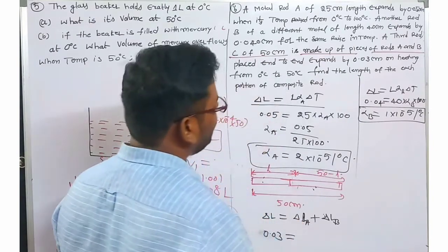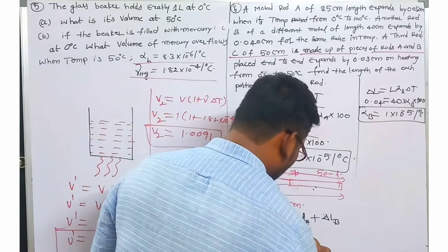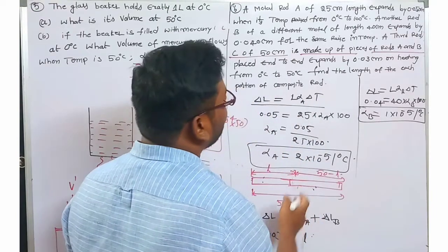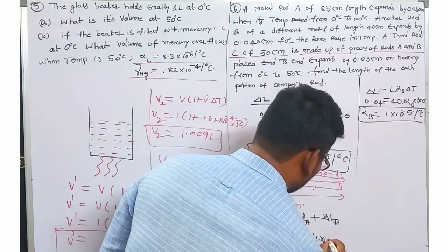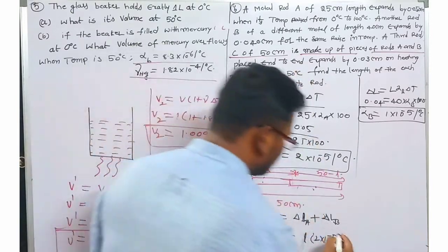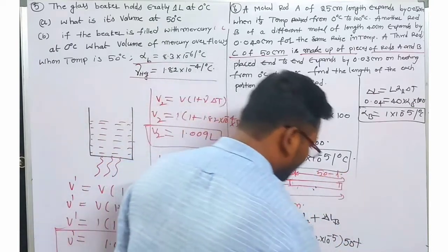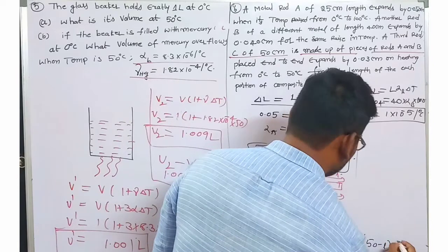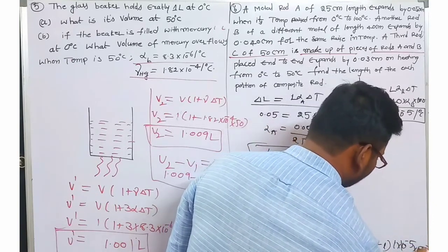So delta LA is L alpha delta T, where alpha is 2 into 10 to the power of minus 5 and delta T is 50 degrees Celsius, plus for rod B, 50 minus L into alpha, which is 1 into 10 to the power of minus 5, into delta T, which is 50, right.